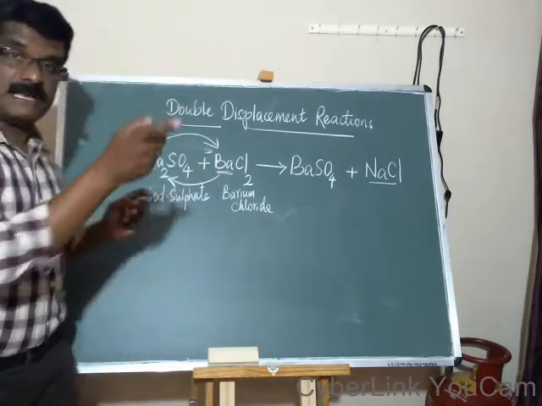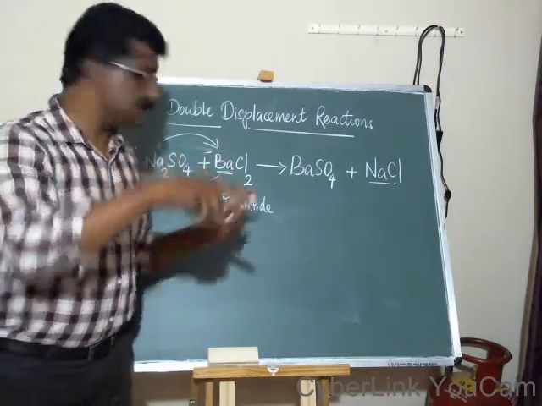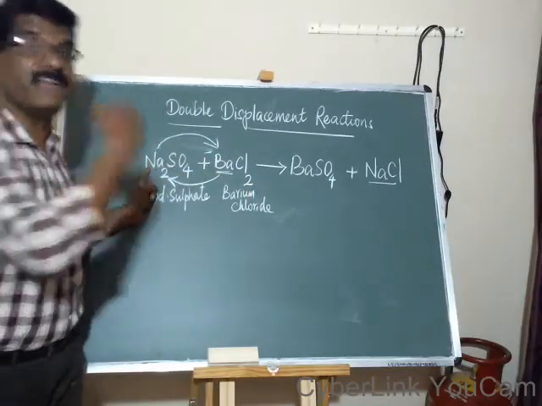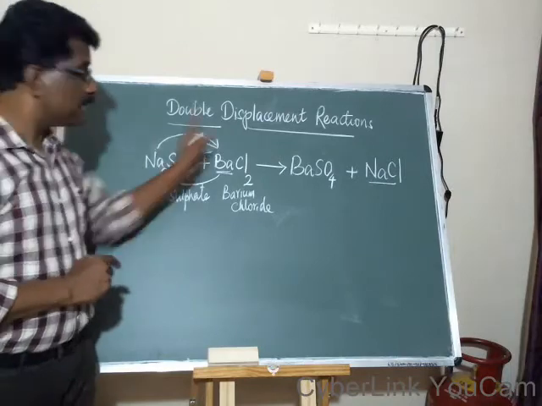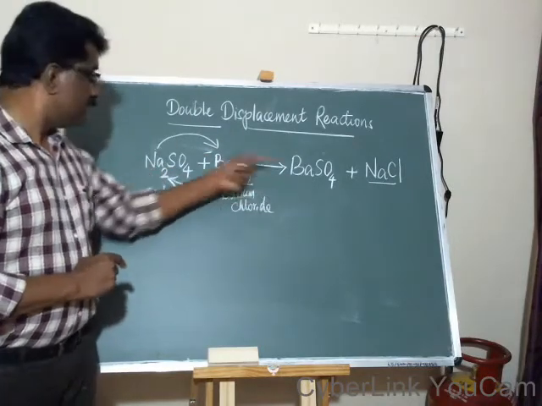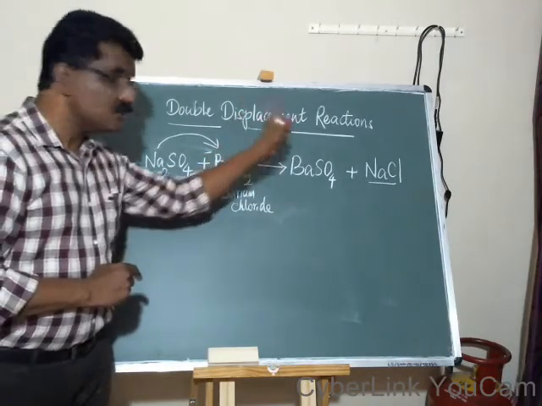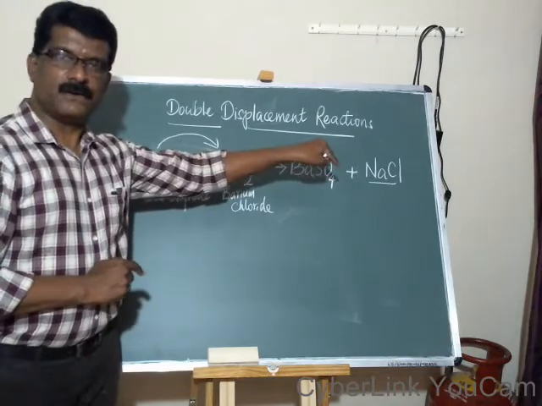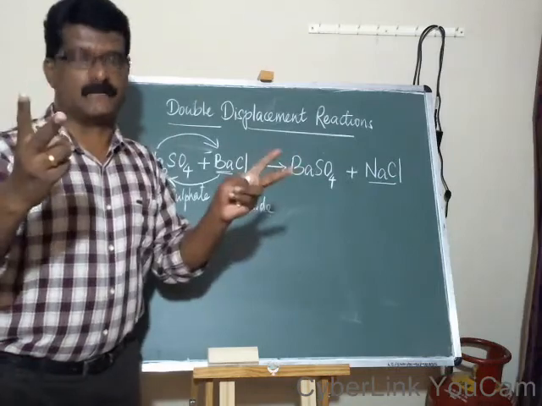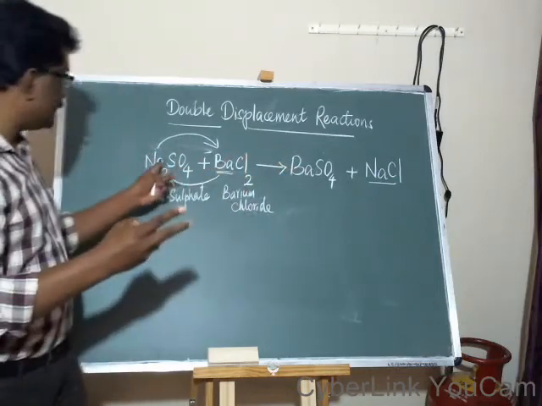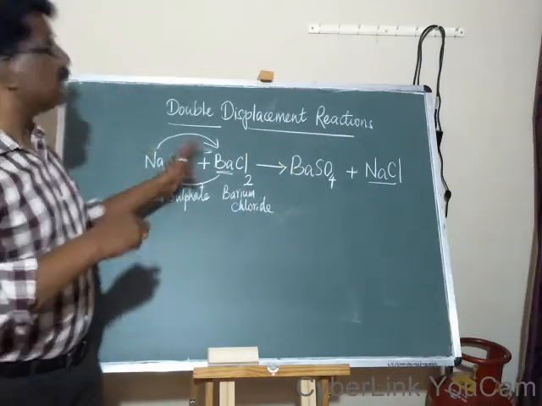Sodium sulfate becomes barium sulfate, and barium chloride becomes sodium chloride. So here exchange took place between two salts, between the sodium ion and the barium ion.